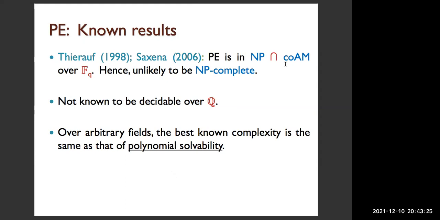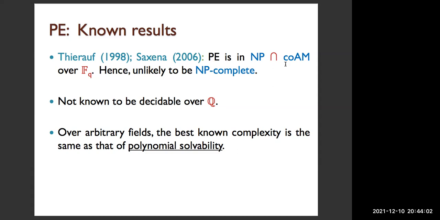So it seems like it is not too hard, at least not over finite fields, but it's also field dependent. It's not known whether the problem is even decidable over Q. And for arbitrary fields, the best known complexity of this problem is the same as polynomial solvability, which is kind of a hard problem. Over finite fields, the best complexity is like double exponential, but at least exponential over other fields like reals and complex numbers.